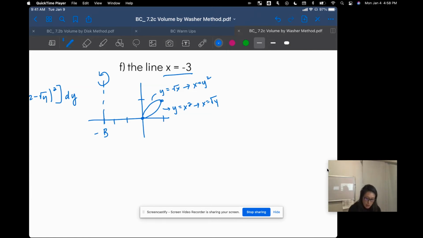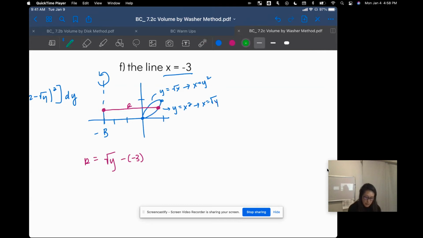All right, so the outer radius is from the line of rotation to the outside curve, okay? So that's big R. Big R is equal to the square root of y minus -3. So from the right to the left curve, okay?